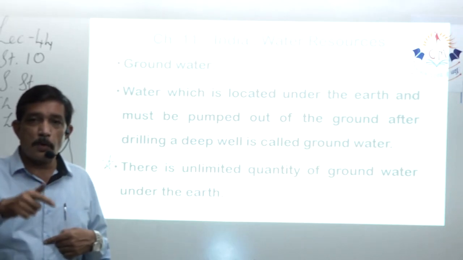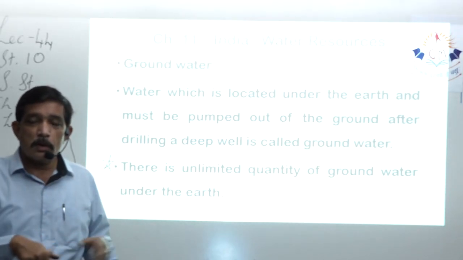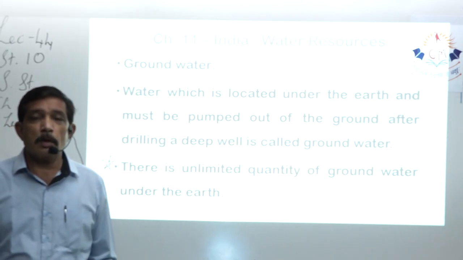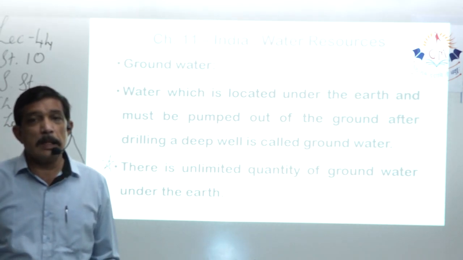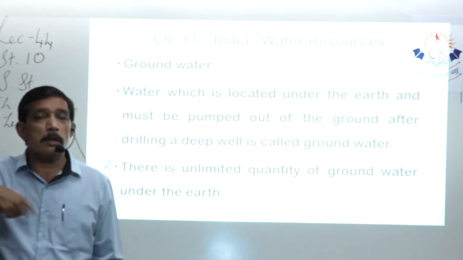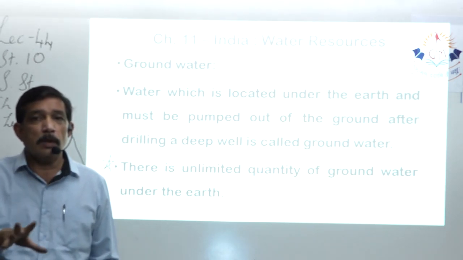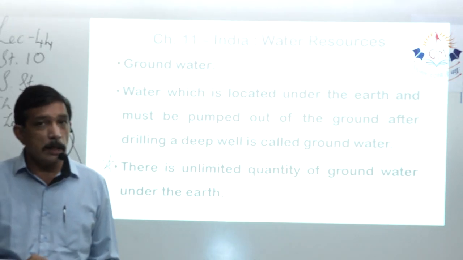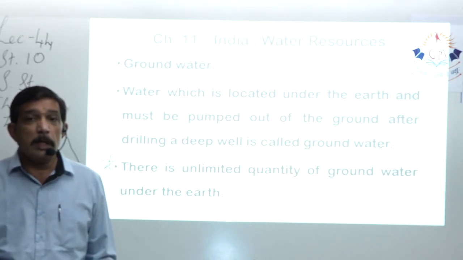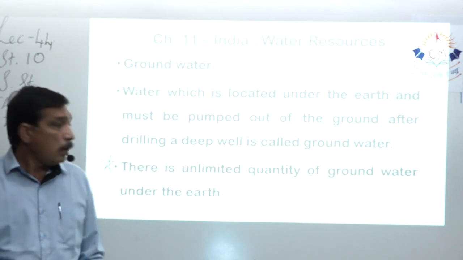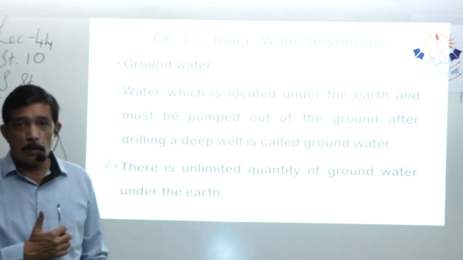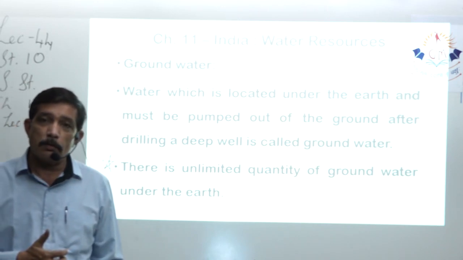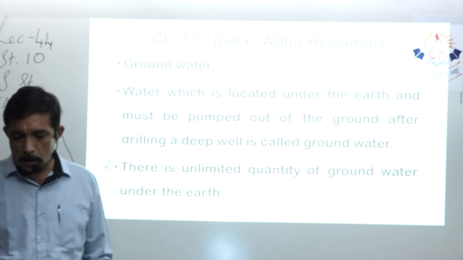This river is this much broad, this is the depth of water, this is the force of water, this river has this much water. Or we see a lake, we measure the circumference or the area, and we know the volume, this much is the volume of water present in this lake, so that we can count, right? But underground water cannot be measured or counted, so an unlimited quantity of water is available under the ground.